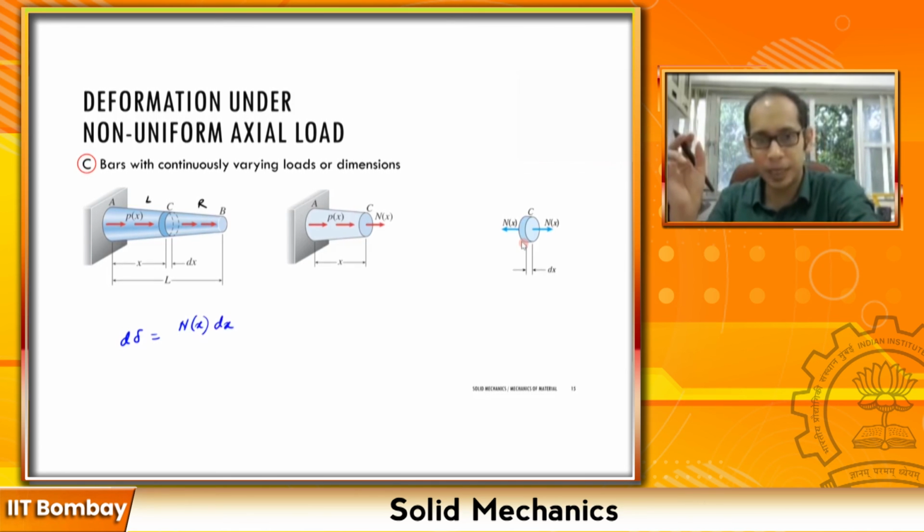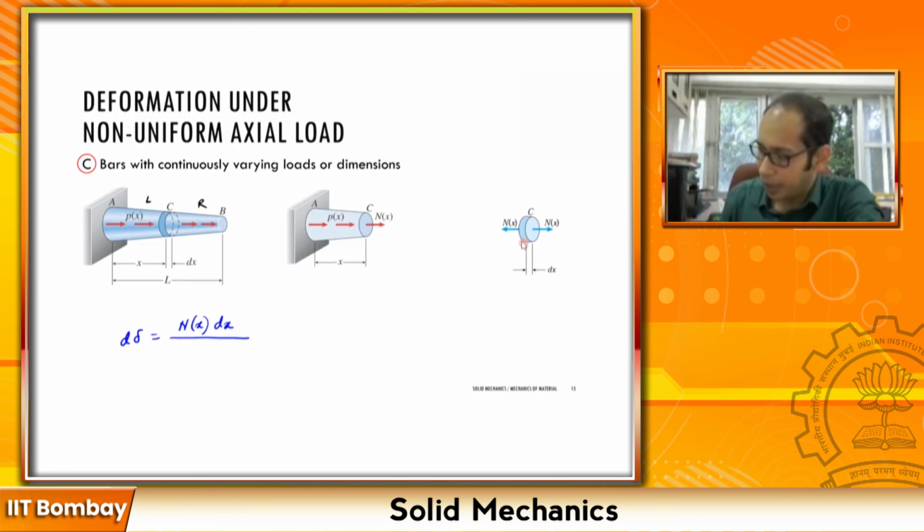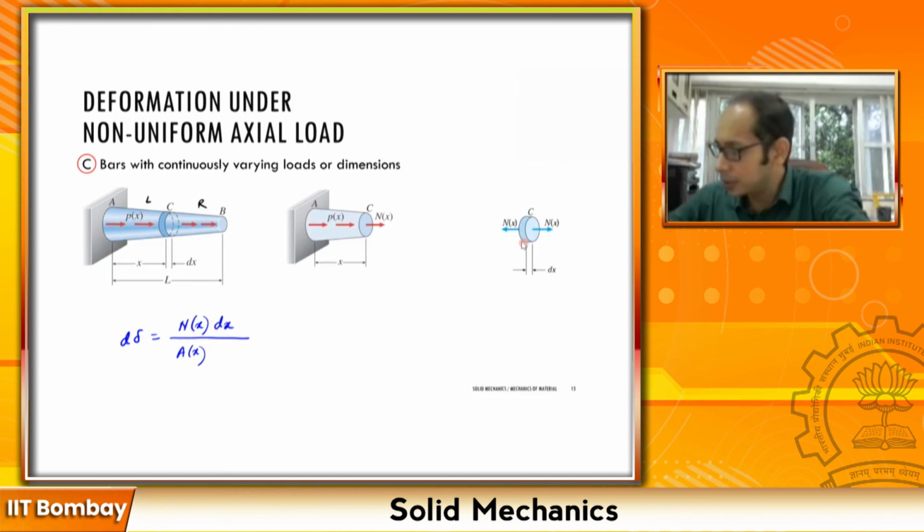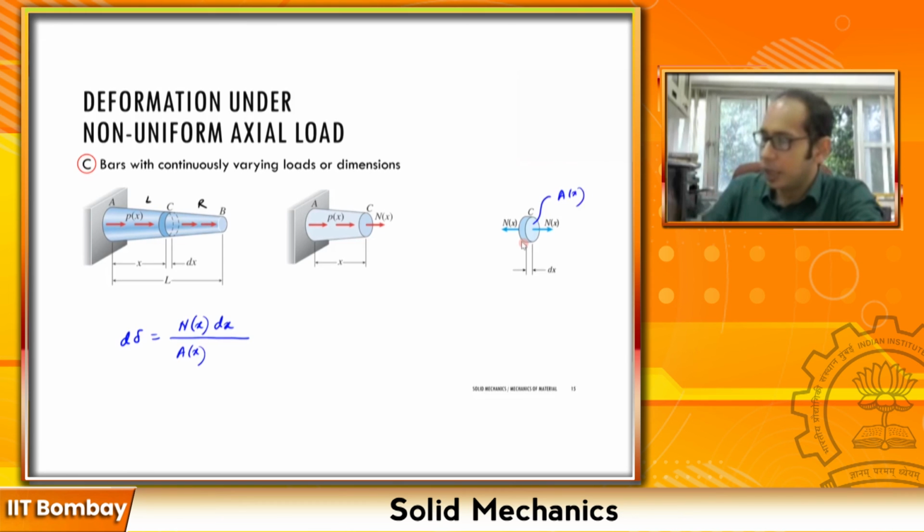Remember, PL divided by AE: my P is the N(x), L is the dx for this individual chunk I'm looking at, divided by my area of cross section, which is also varying across this entire length. So I have the A(x), right? Say for this small discrete chunk the area is A(x), and let's assume that the Young's modulus is the same across this particular material, times E.